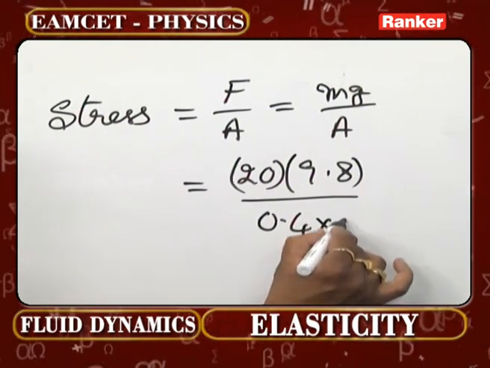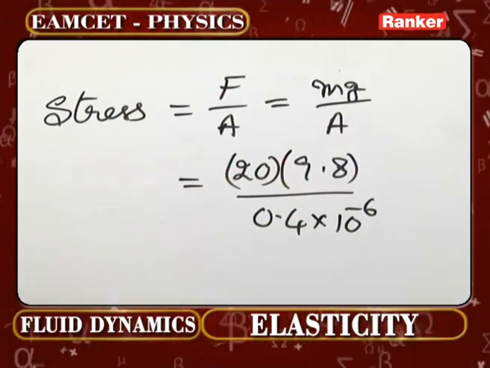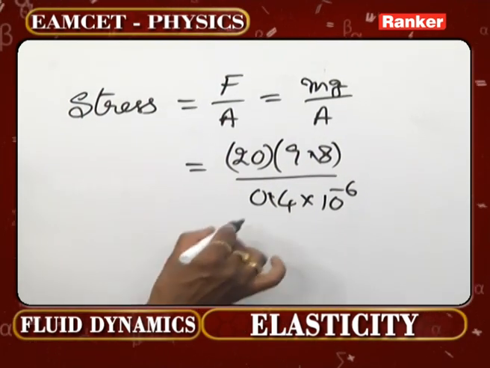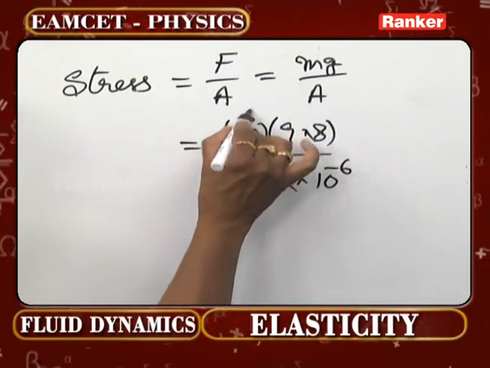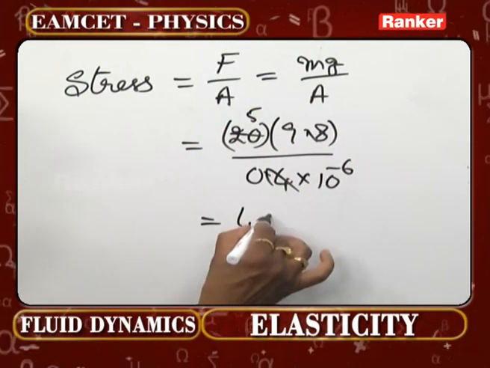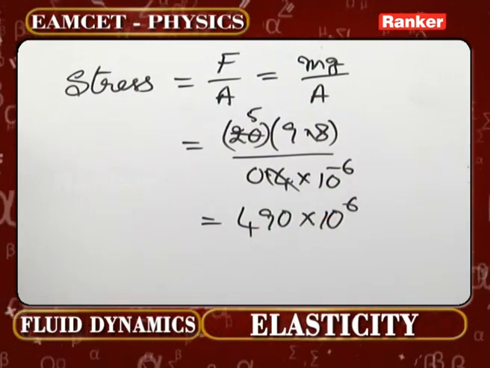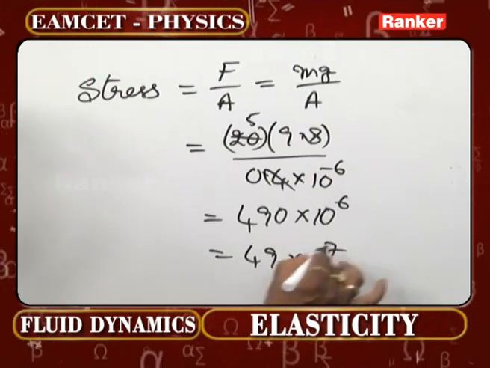Millimeter square to be converted into meter square means you should write 10 power minus 6. This point and this point you can cut them off. And of course, you can write directly this 4 goes 5 times. So, it is now 490 into 10 power 6. In other words, you can write 49 into 10 to the power 7.